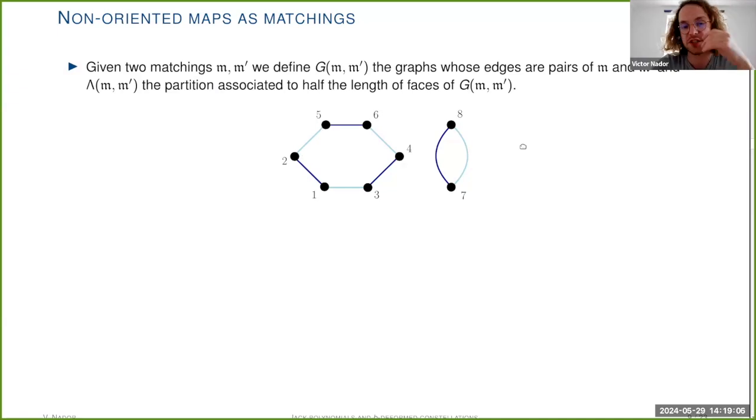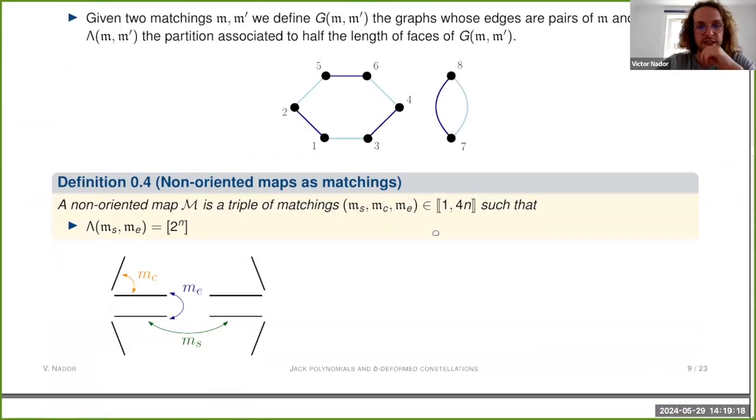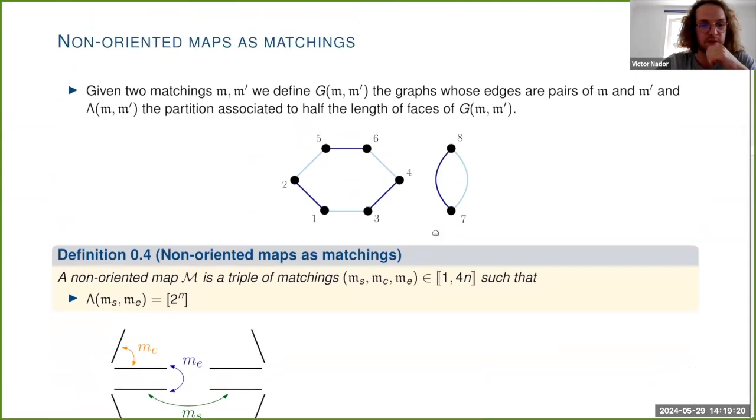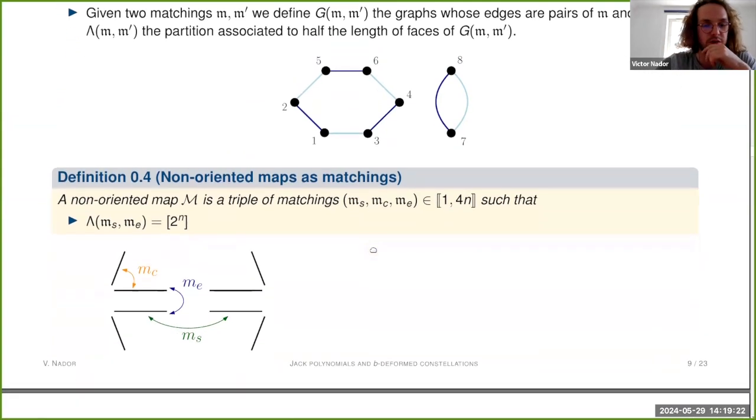It will be in general disconnected, and you have a graph whose cycles only have even lengths. So you can divide all of the lengths by 2, and then you have an object that is also indexed by a partition. And how does that connect to the enumeration of non-oriented maps?